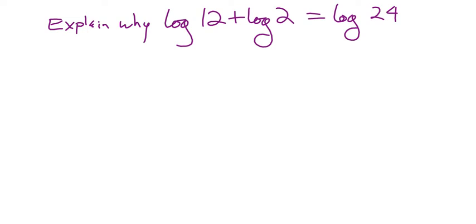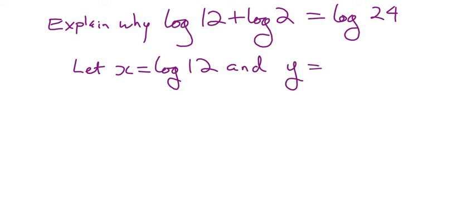But we can also do this by changing the form. So we could say, let x equal log 12, and let y equal log 2. So I have the logarithmic form. Now you'll note that one of the formulas on your formula sheet is changing between logarithmic and exponential form, right?